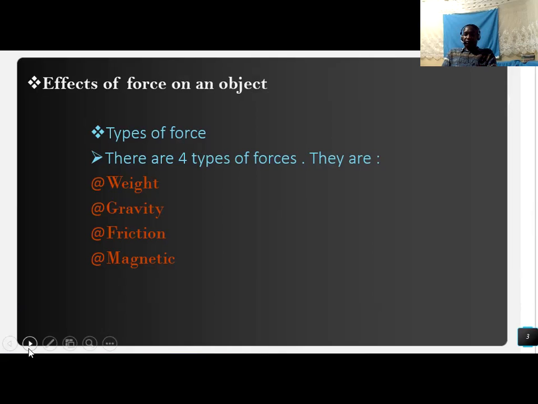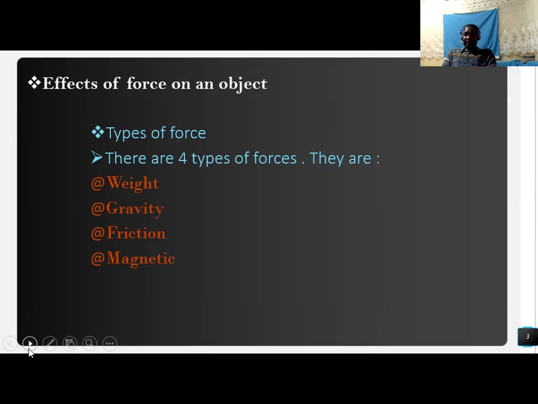For example, Jupiter has a greater force of gravity than Earth. Objects weigh less on the moon than on Earth. This is due to a difference in gravity.